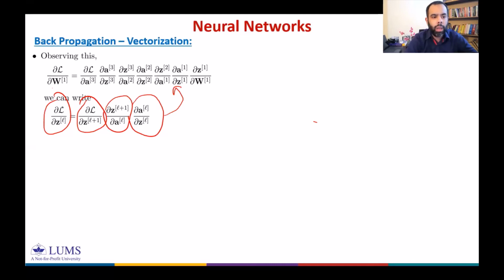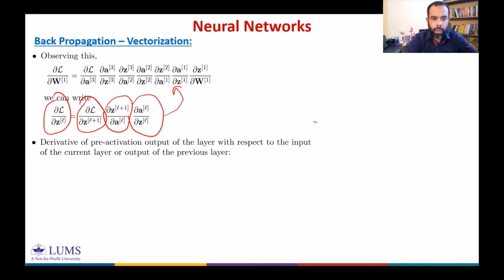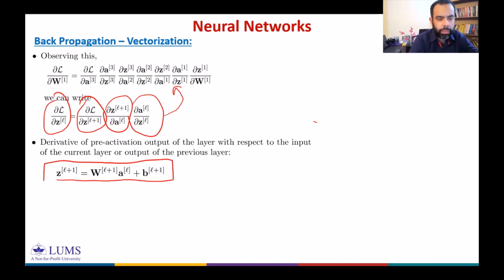Right? So, the derivative of the pre-activation output of the layer with respect to the input of the current layer, or the output of the previous layer. We can write this as Z^(L+1). We know that Z^(L+1) is W^(L+1) A^L plus B^(L+1). This is the simple forward pass equation.